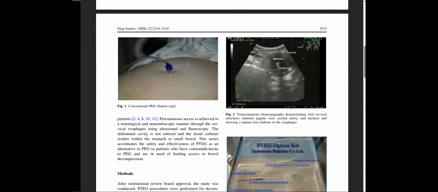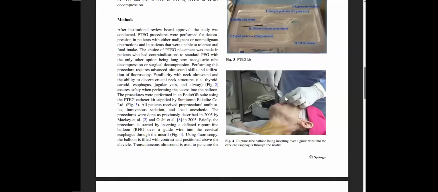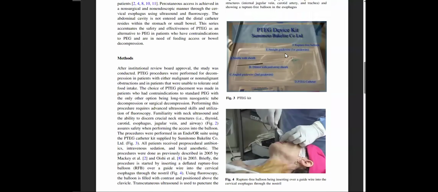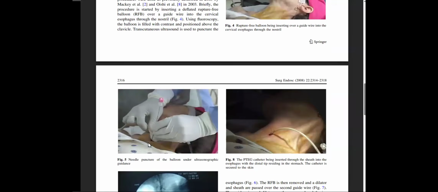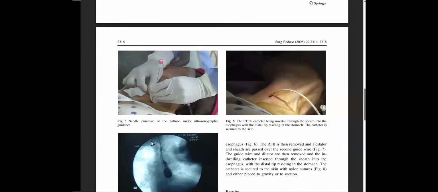So look at this, this is what they do. This is the kit. They access it percutaneously into the esophagus using both fluoroscopy and ultrasound guidance. And what you end up with is what we saw, it's actually a transesophageal tube.